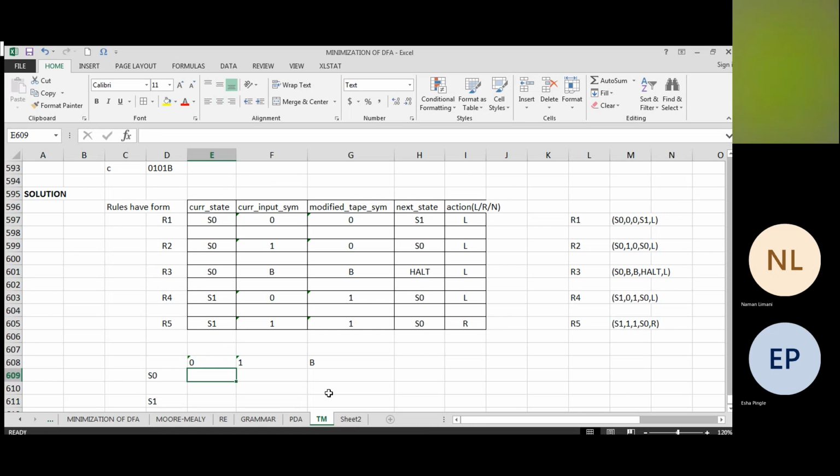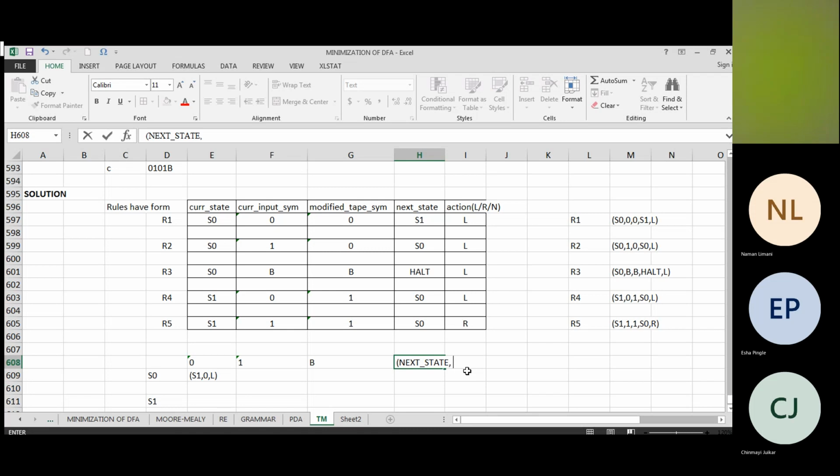When 0 is processed, next state it is giving you S1. 0 remains 0. Action taken is L. From where you got this? In S0 when 0 is processed, it goes to S1. So what is the format of writing in this cell? The format is next state comma symbol comma action taken.